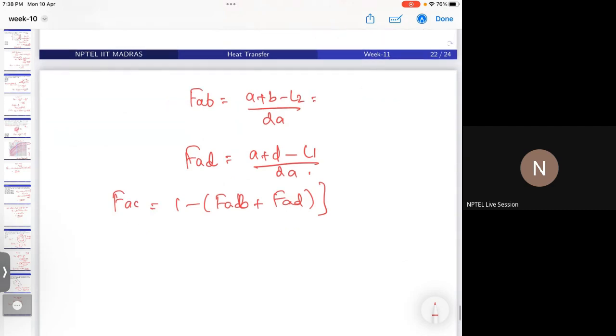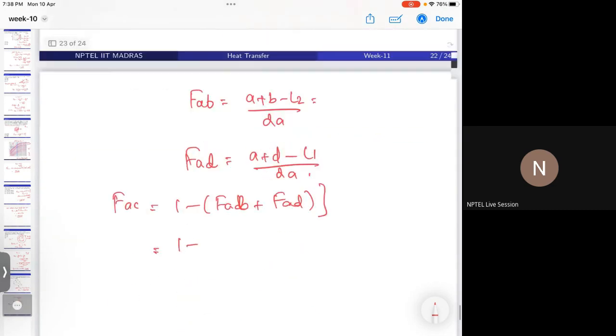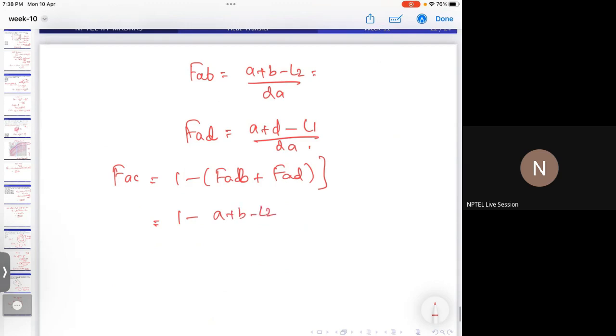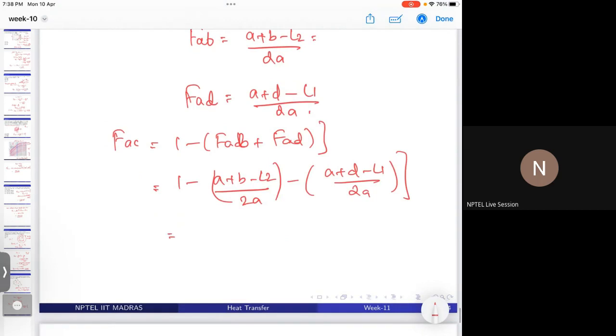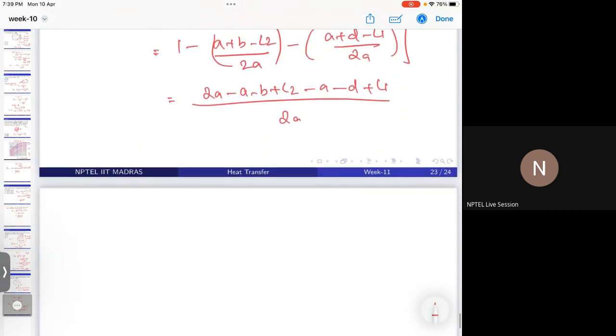So this is equal to 1 minus (A plus B minus L2) by 2A minus (A plus D minus L1) by 2A. If you rearrange, it becomes 2A minus A minus B plus L2 minus A minus D plus L1. So this will become L1 plus L2 minus 2A.